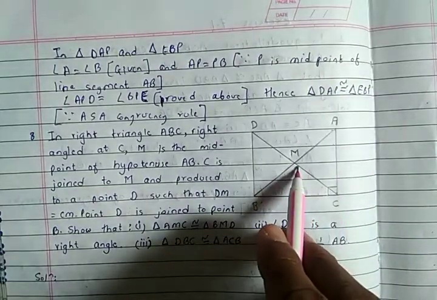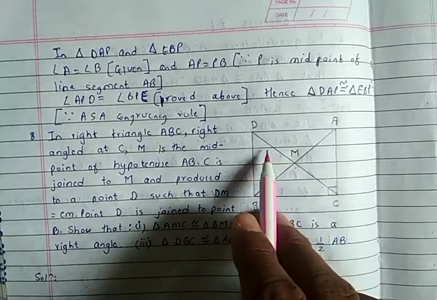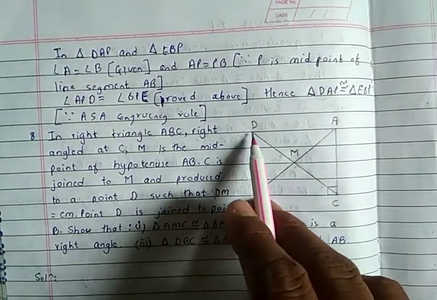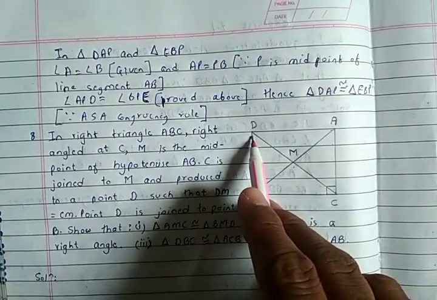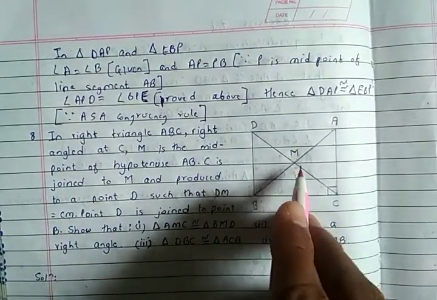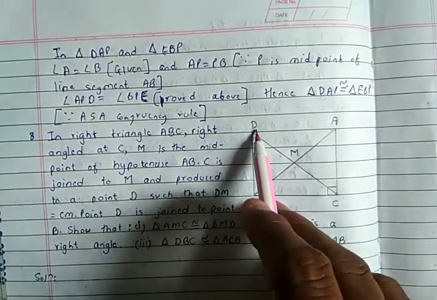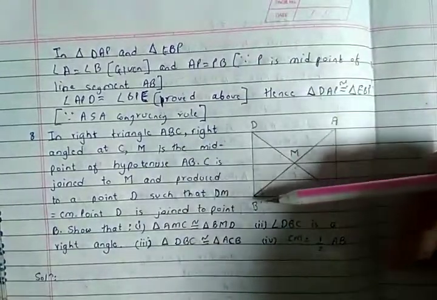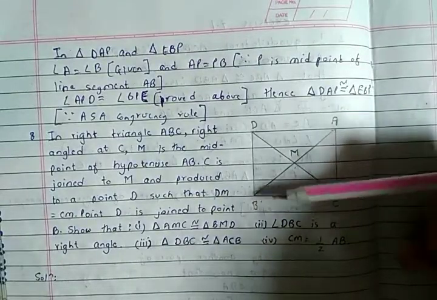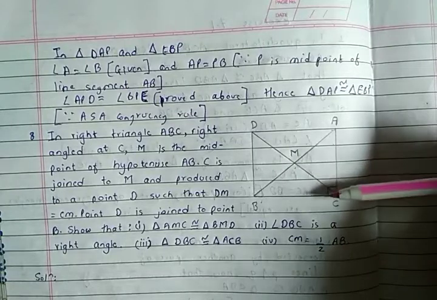And it is produced further to a point D such that DM distance is equal to distance CM, right? And D is joined to point B, right? This figure is drawn for you. Okay.